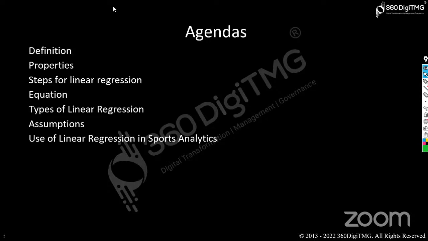We discussed the properties, the steps for linear regression, and the equation that we use. You should know about the equation, though you are not going to do anything manually. But again, you should be aware of what things are happening in the back. Types of linear regression we saw, assumptions we saw, and we saw for what purposes we can use linear regression in sports analytics.